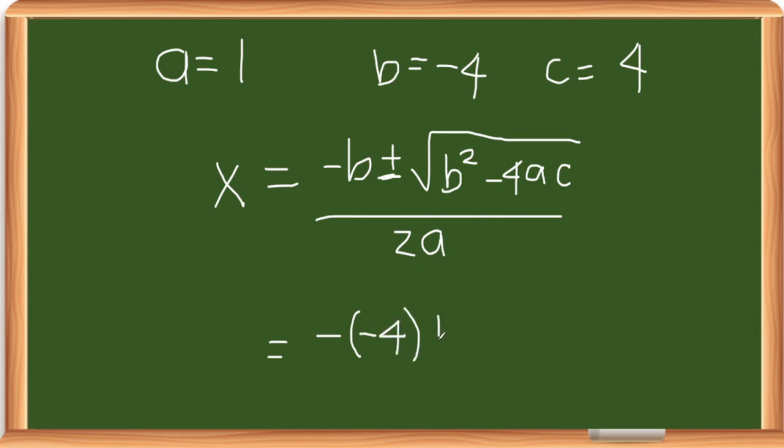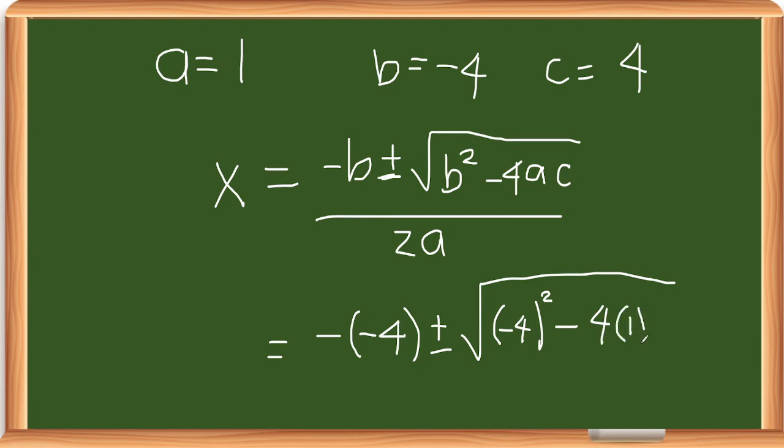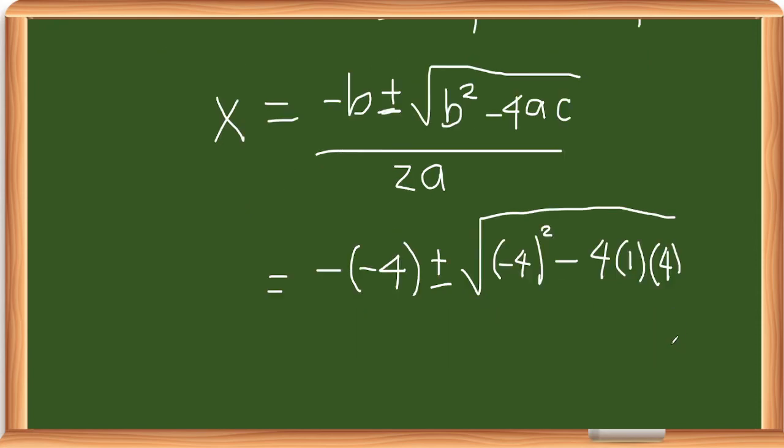And then plus and minus the square root of yung b squared mo would be negative 4 squared. Take note, naka-parenthesis yung buong negative 4 ha. And then minus 4 times a mo which is 1 and your c which is 4. Okay, so all over 2 times 1 because your a is 1.